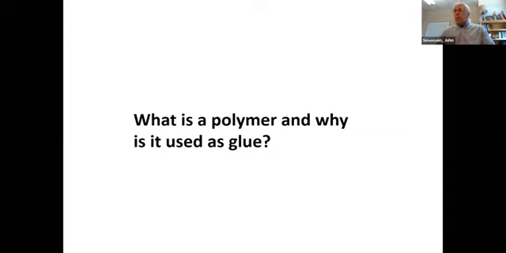So have a look at the syllabus, let me know what you'd like to cut, and we will discuss it perhaps on Tuesday. But we need to finish this part, because this is really critical fundamental knowledge to wood science of how glue works and why we use it on wood.